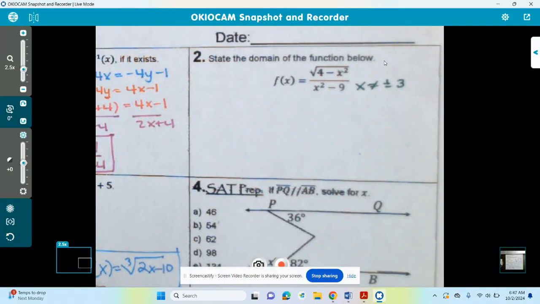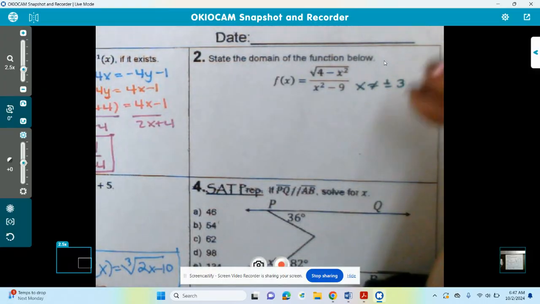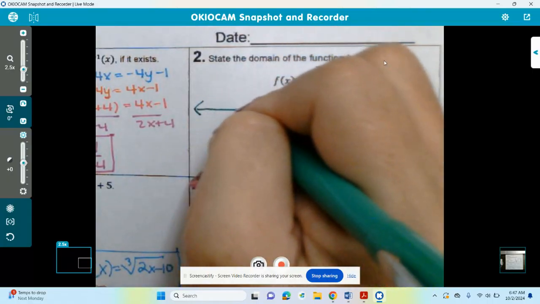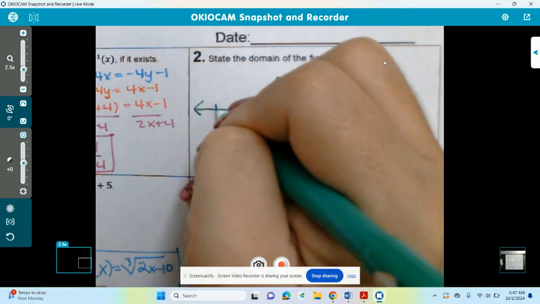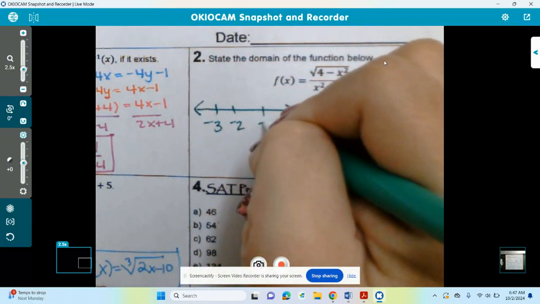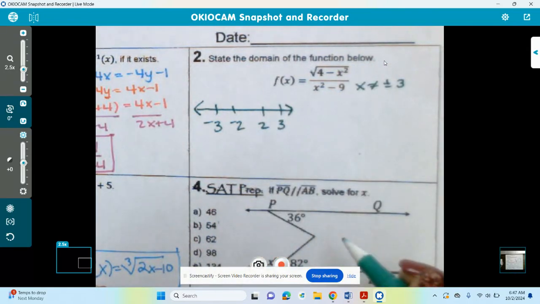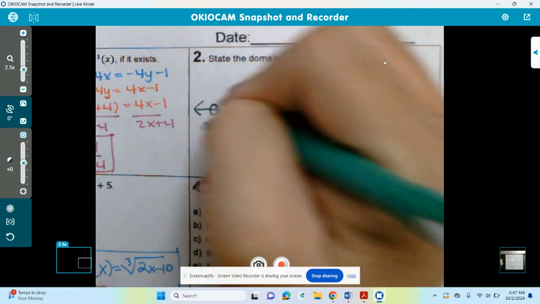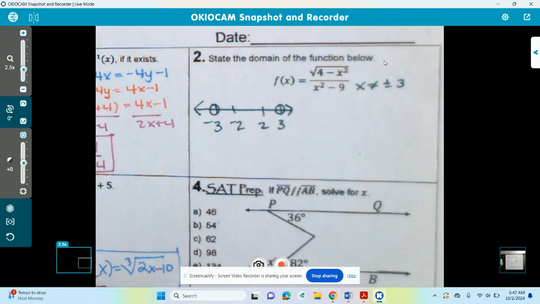So let's just think about that. We can math that out, but we know the answer is going to be some kind of plus or minus 2 of some sort. So the question is, we've got negative 3, negative 2, 2, and 3 on our sign analysis, right? And negative 3 and positive 3 are our asymptotes.